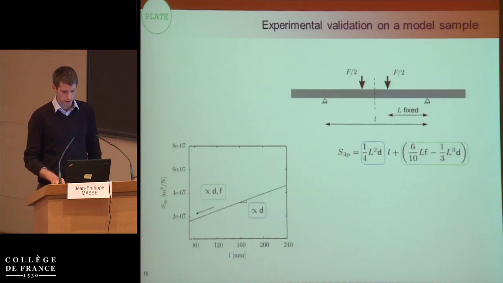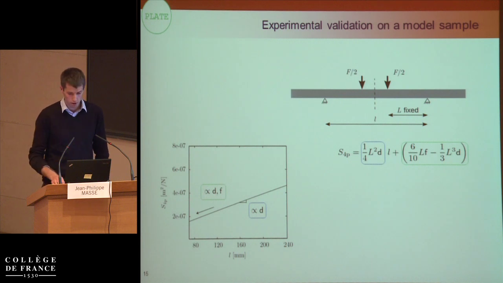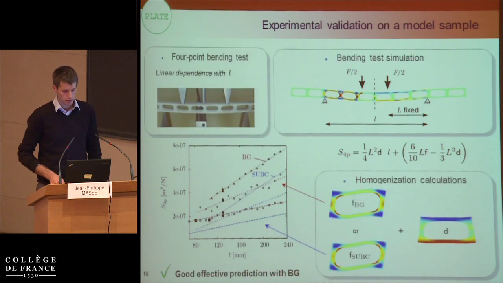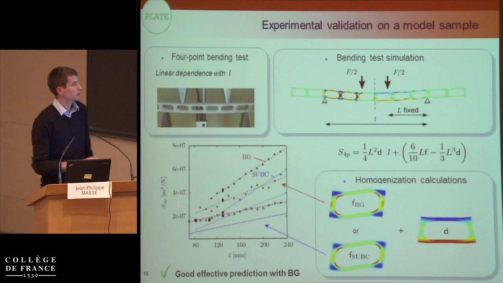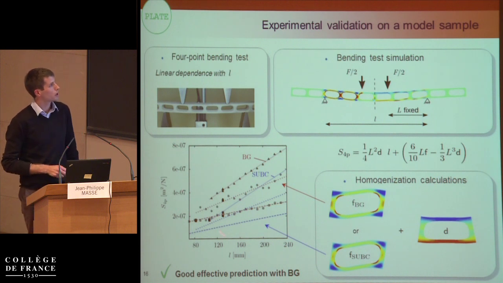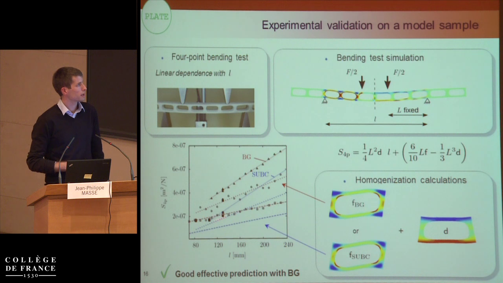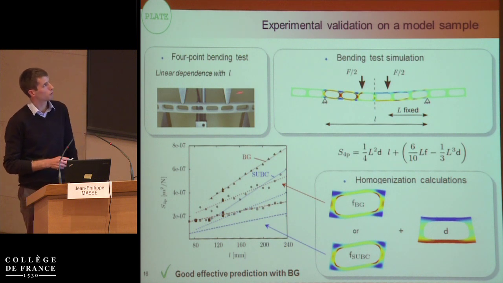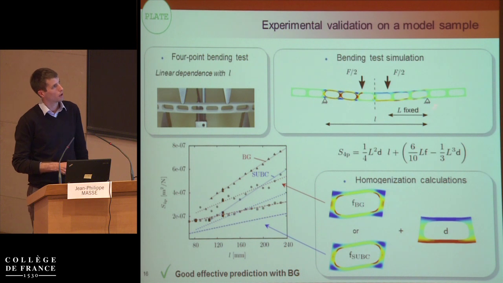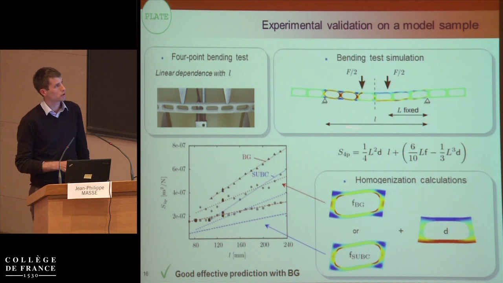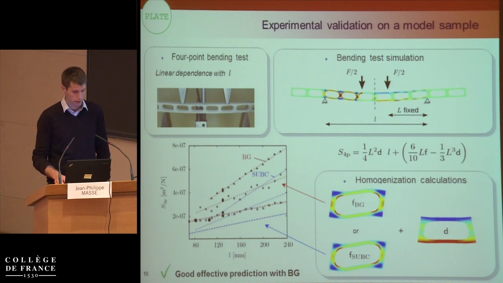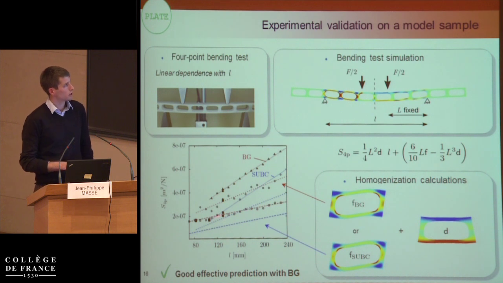So now what we've done is some experimental validation on 4-point bending tests. We've prototyped some geometries of architecture. This is one of them, and the black dots are the experiments. We keep fixed the length between the upper indenters, and we change the lower span. Here, if we plot the 4-point compliance, we have this result for experiments.